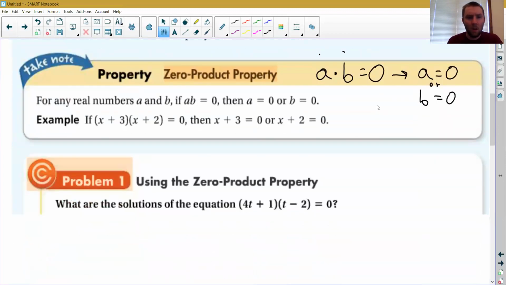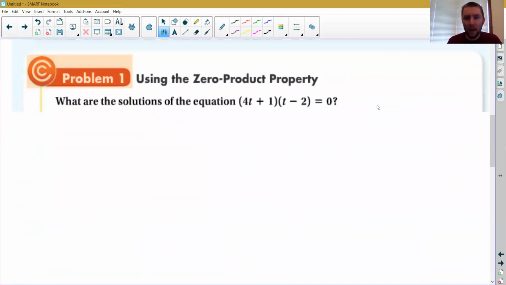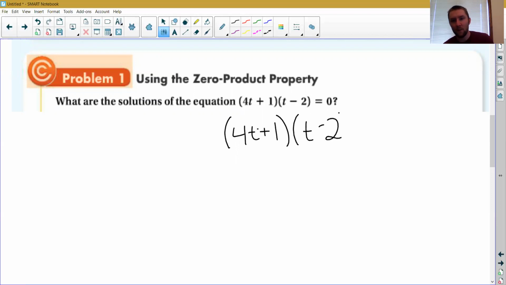If we look, for example, here at an equation that's already been factored for us, they actually use the window method to do this. But if we look at this equation, we notice we have two sets of parentheses, 4t plus 1 and t minus 2, being multiplied together and they equal 0.